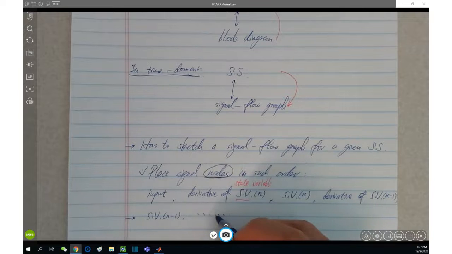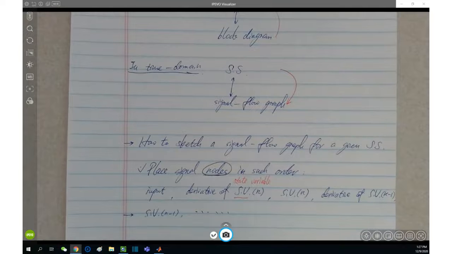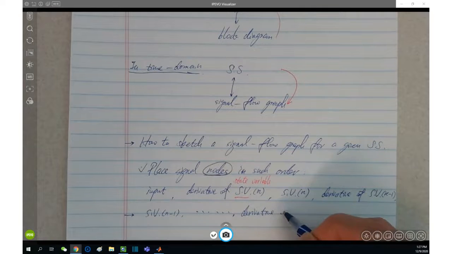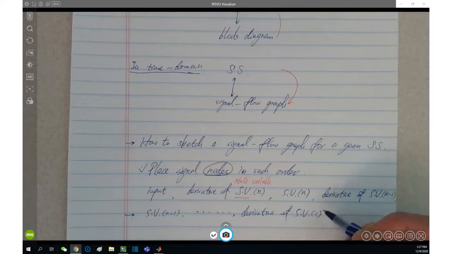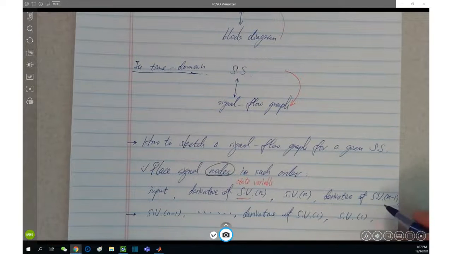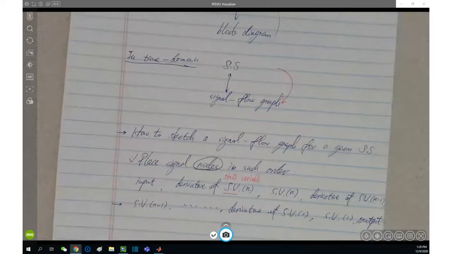So on and so forth. Obviously, you are going to place all of the state variable derivatives and state variables in such order, all the way up to the derivative of state variable 1, followed by state variable 1. Right? And at the right end, which is the end of this order, is the output.